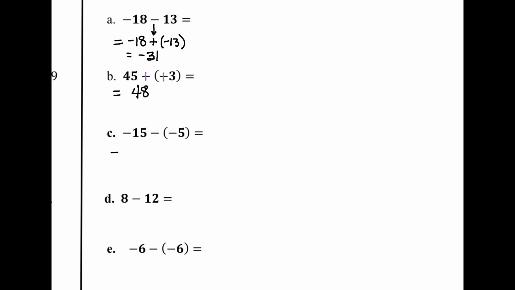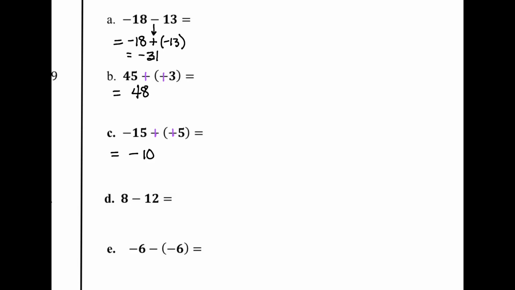Next, you leave the negative 15 alone, change. So I have negative 15 add positive 5. So 15 negatives, 5 positives, cancel out some of the negatives, and it leaves me with 10 negatives. You subtract the two numbers, keep the sign of the biggest.